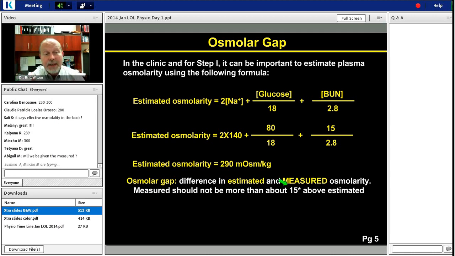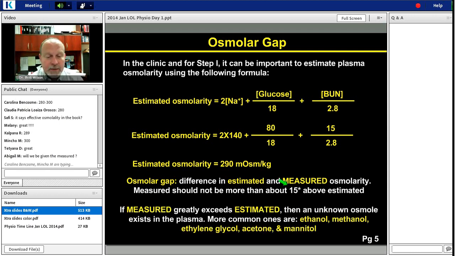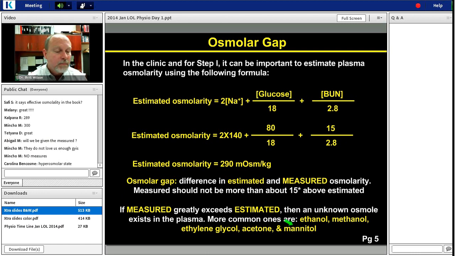If the measured is well above 15 from what you estimate, then you have a significant osmolar gap. Some of the things that can cause that: ethanol, methanol, ethylene glycol, acetone, mannitol. All of those are potentially ones that can make it go up.